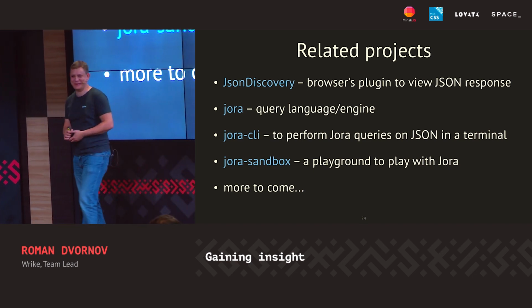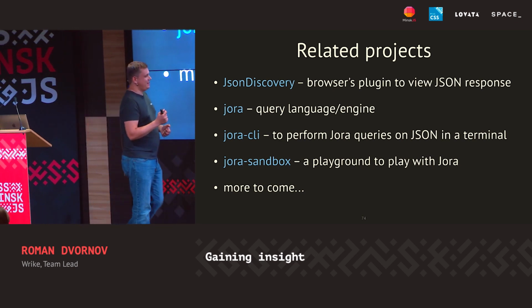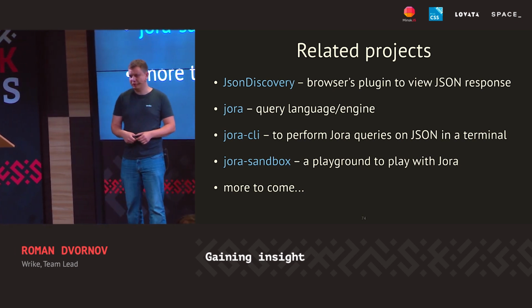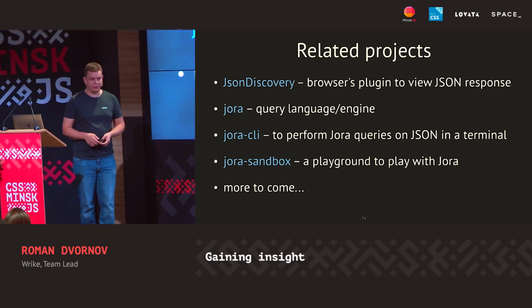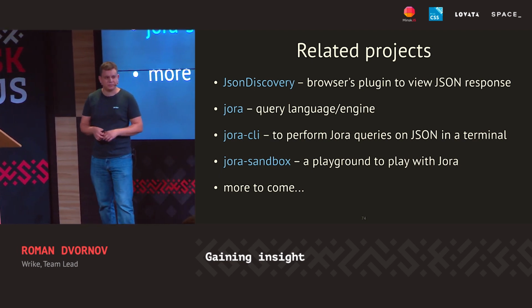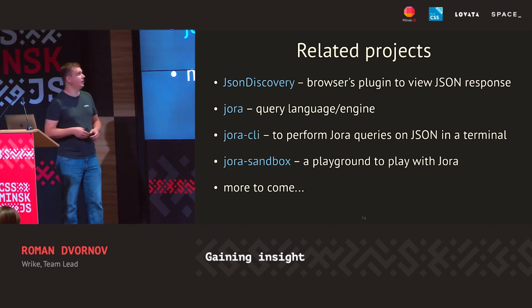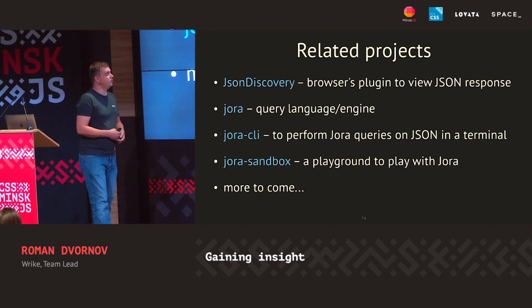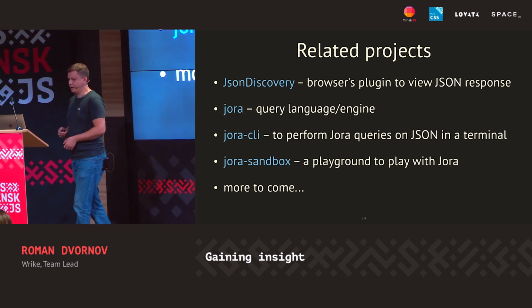Yeah, it sounds funny, Jora. This language is used to transform data. So you may have seen on previous slides when we select some cards from our data set. And you can also perform Jora queries in the command line using Jora CLI and so on. So many things to come.